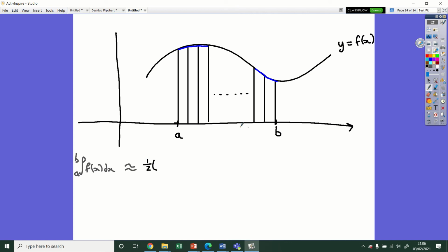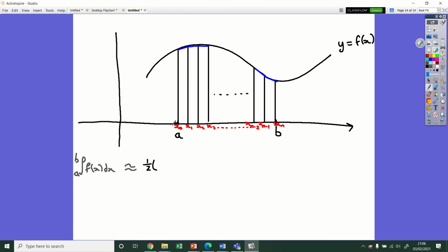Now, I need a way of labeling up these x and y values. So I'm going to call this first x coordinate x0. I'm going to call this x1, x2, x3, and so on, until I get the final few. So this last one's going to be xn. This one beforehand is going to be xn minus 1. And this one's going to be xn minus 2.